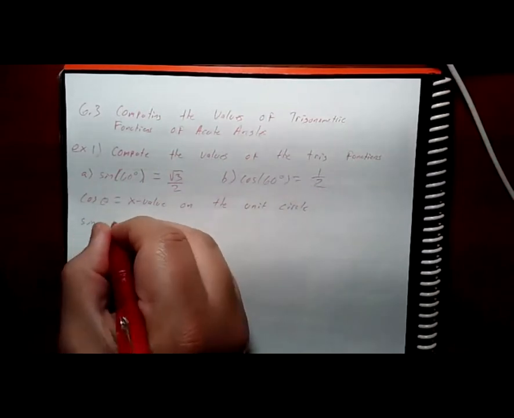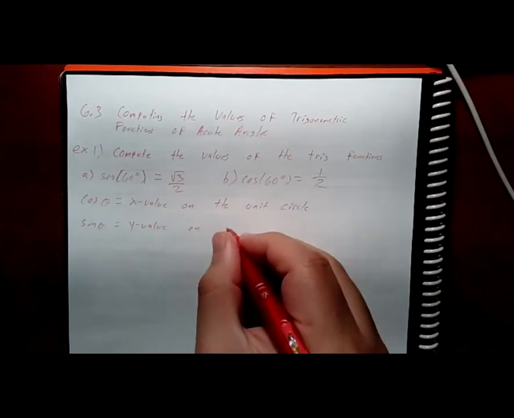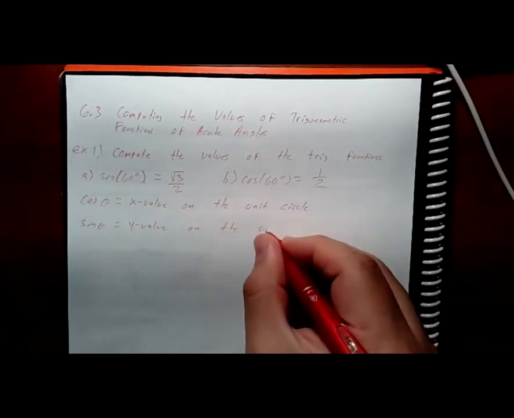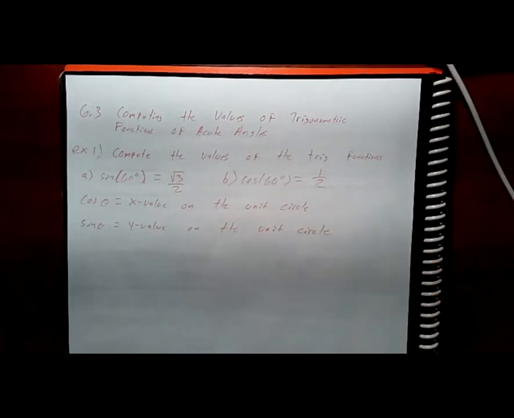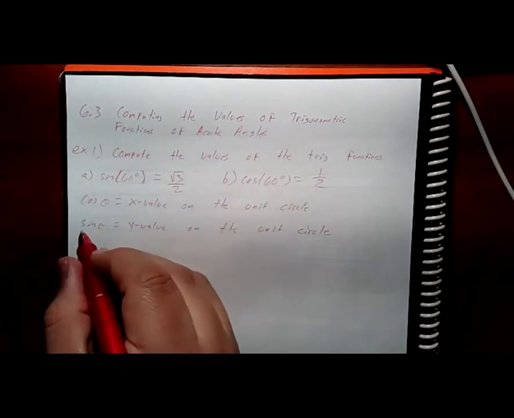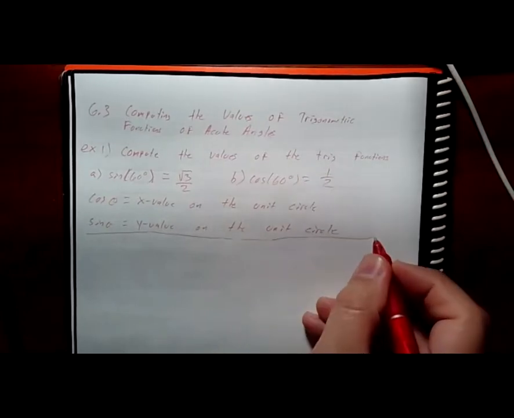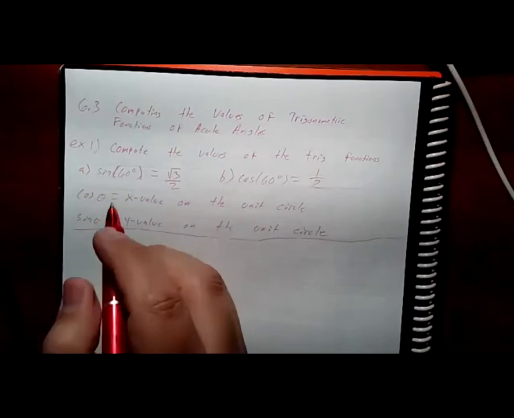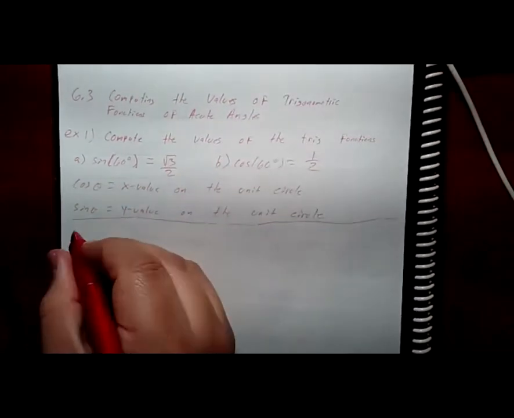Sine theta is equal to the y value on the unit circle. Shouldn't be too crazy to use that. Okay, so homework will start off with stuff like this, and then they'll move on to something a little more difficult.